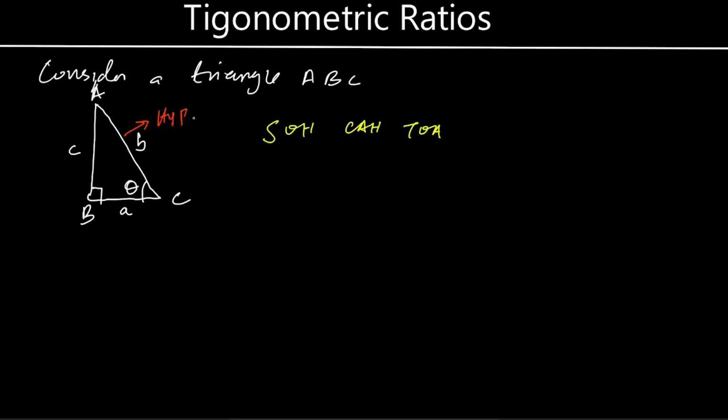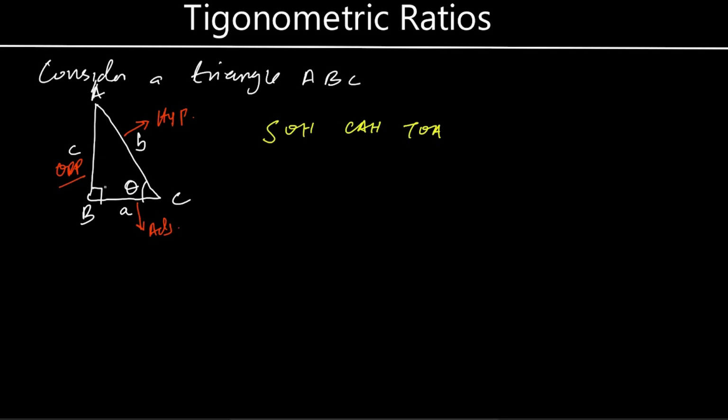The longer side will be the hypotenuse. Now this shorter side that is closer to the angle that we are referring to as theta is always going to be the adjacent. Then the side that is further away from the angle that we are considering is usually the opposite side.